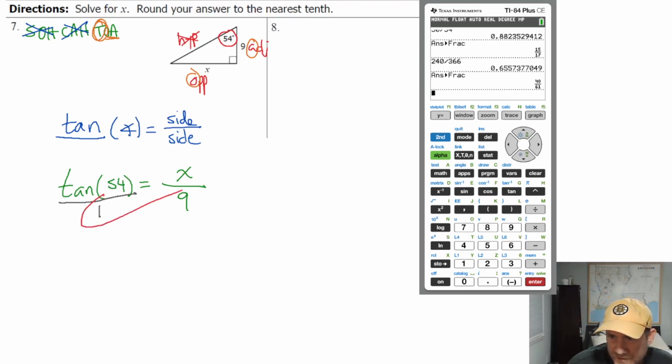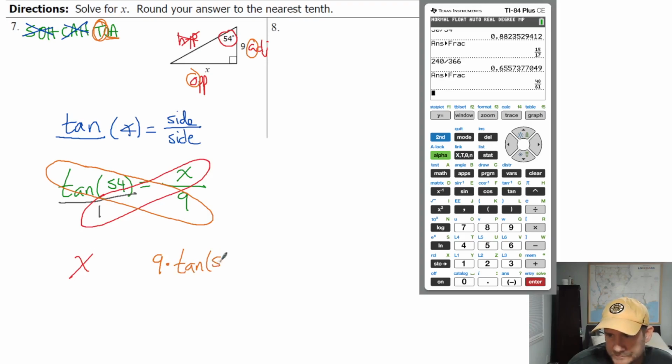So we do the 1 times the x, and that gives us x. Then we do the tangent of 54 times 9, and that gives us 9 times the tangent of 54. So after cross multiplying, we have x equals 9 times tangent of 54. And honestly, you could kind of stop here and just give your answer as 9 times tan 54.